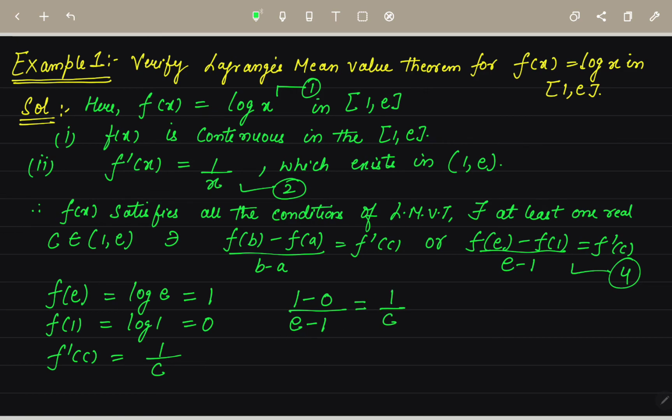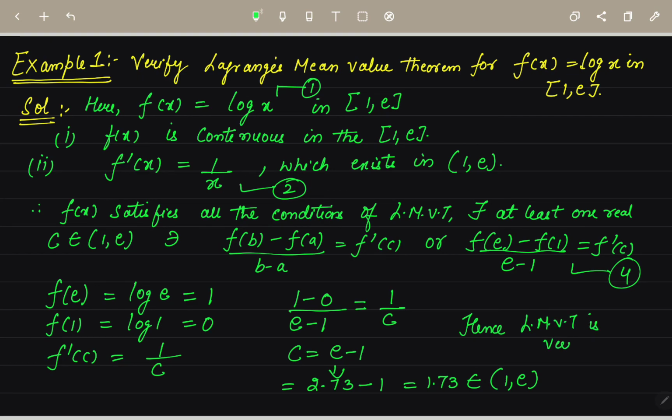After solving this, I get the value of c equal to e minus 1, and we know that the value of e is basically 2.73. So 2.73 minus 1 is equal to 1.73, and this belongs to the open interval 1 and e. Hence we write that Lagrange's mean value theorem is verified.